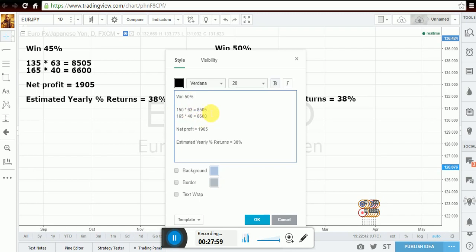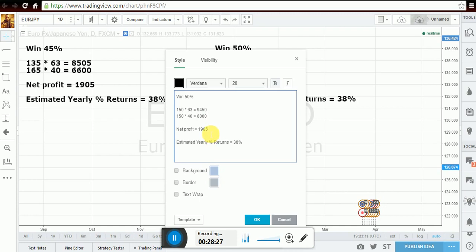So if we win 150 trades, making an average of 63 pips per trade, total pips of 9,450, and we lose 150 trades, losing 40 pips per trade, then we have a total loss of 6,000 pips.